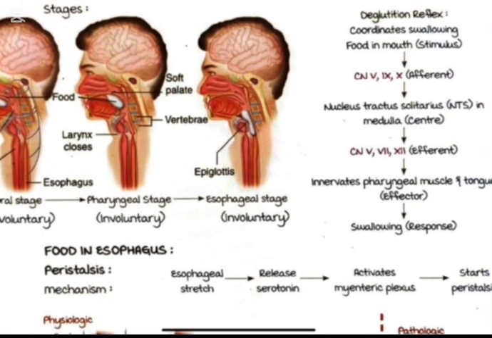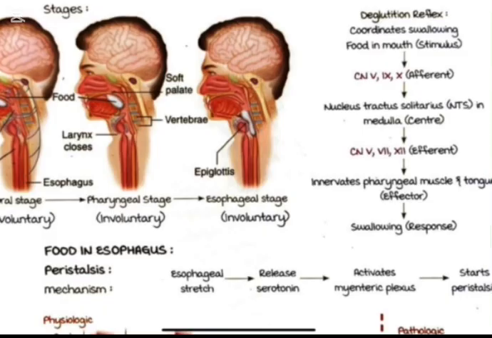Deglutition reflex coordinates swallowing. Food in mouth is a stimulus. Cranial nerves fifth, ninth, and tenth are the afferent nerves, and they go to the nucleus tractus solitarius in the medulla center.